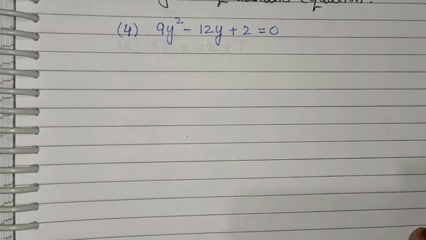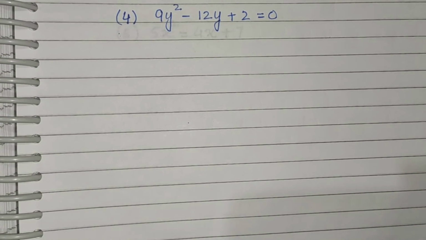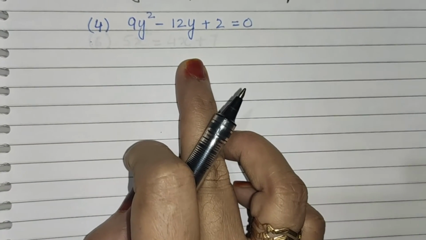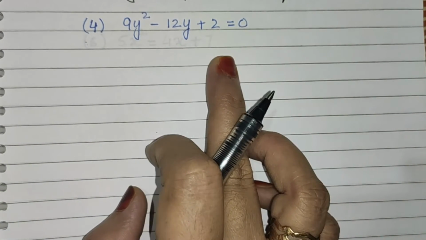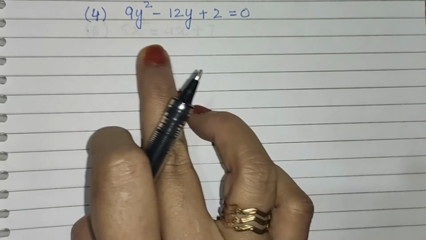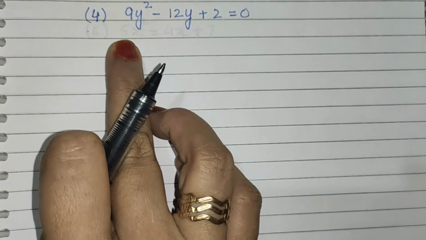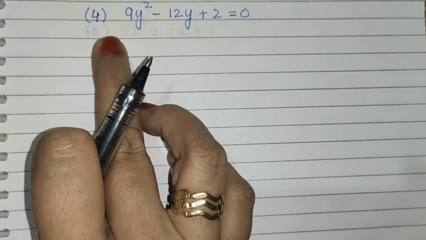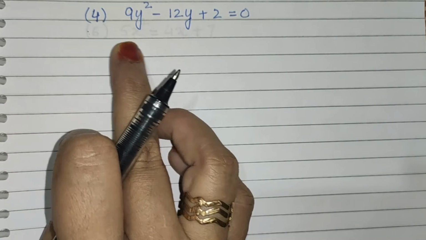Now look at next question. 9y square minus 12y plus 2 is equal to 0. Now here the coefficient of y square is not equal to 1, means a is not equal to 1.